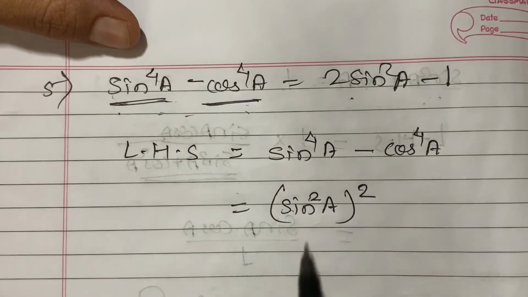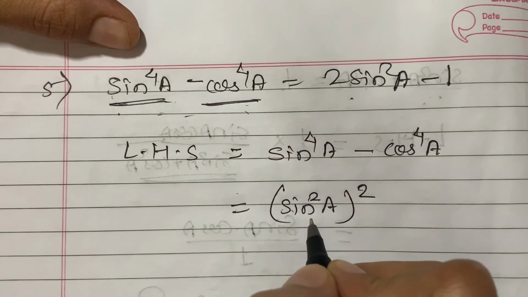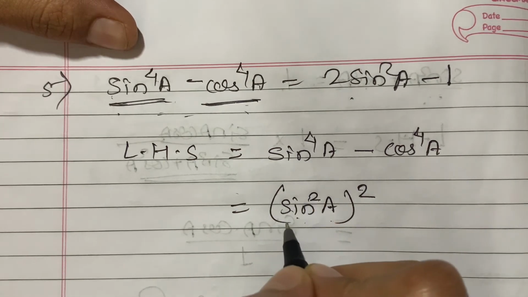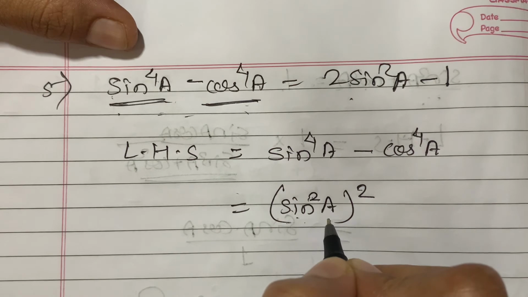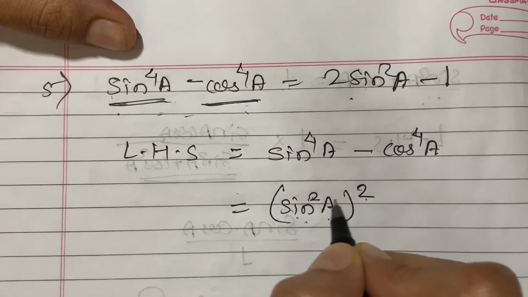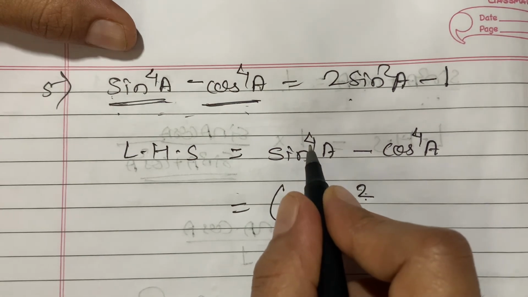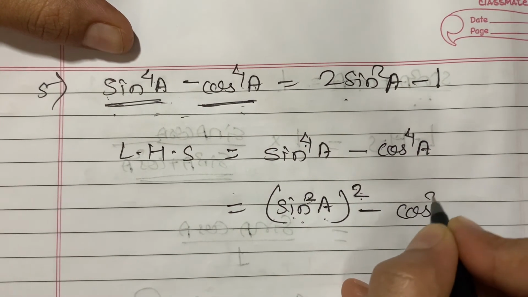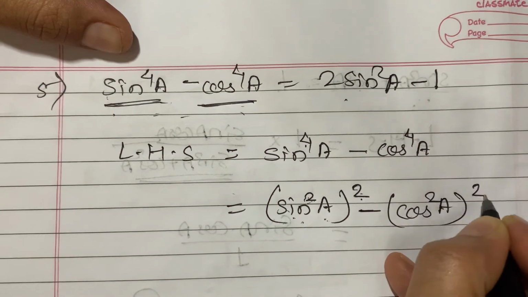Here it is not an expansion formula, but I have written sin square a and its square, so 2 into 2 it will be 4 exponent. Minus cos square a, its square.